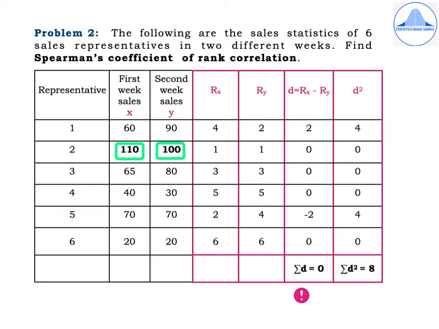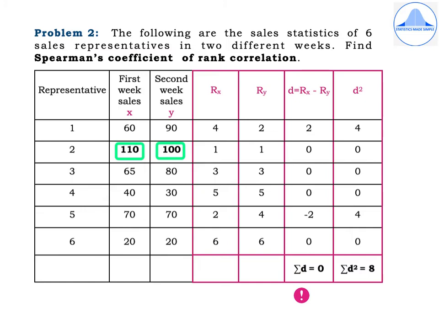Second week sales 90, 100, 80, 30, 70, 20. Mark first week sales as X, second week sales as Y. Next, form 4 columns Rx, Ry, D equal to Rx minus Ry and D square.